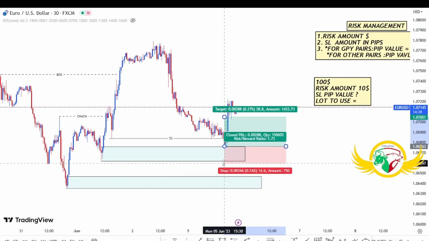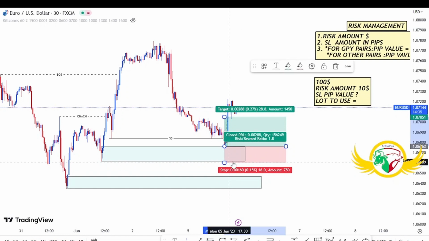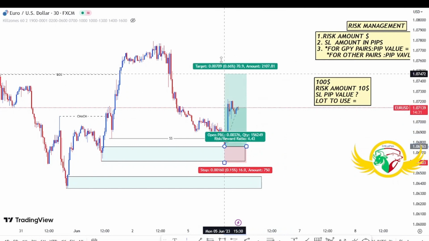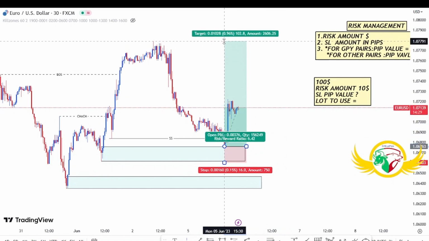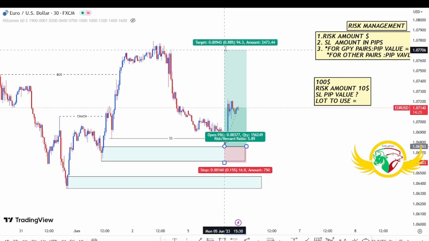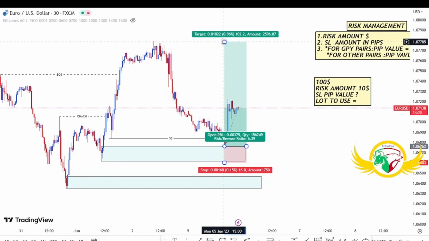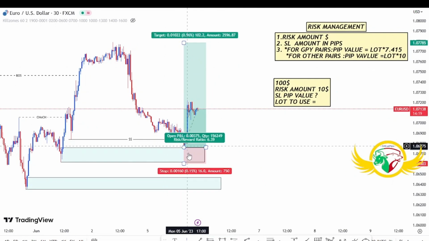For example, on this one, I can see the stop loss is 16 pips, and the target I'm targeting is this high. First of all, I know my risk: my stop loss is 16 pips.